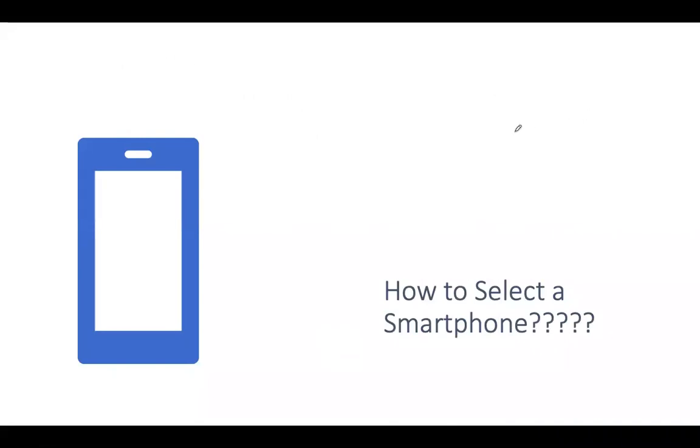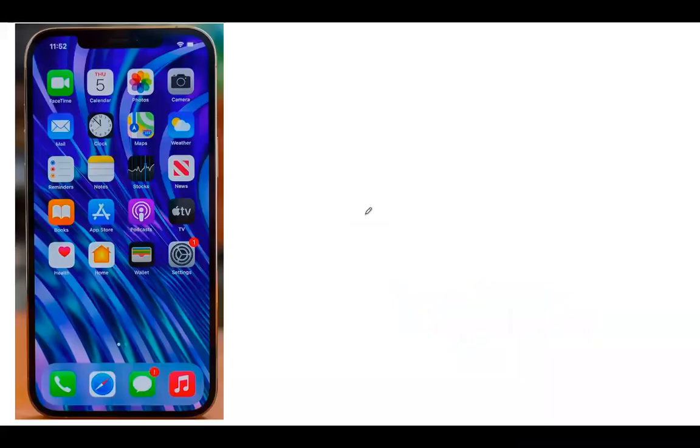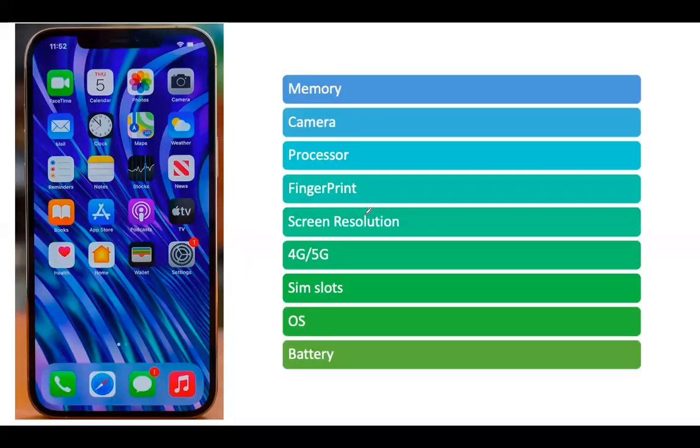Now consider this problem. I will explain it fast. You are asked to select a smartphone and you are given only 15,000 rupees. That is the constraint, and you have to buy a smartphone. What are you going to do?